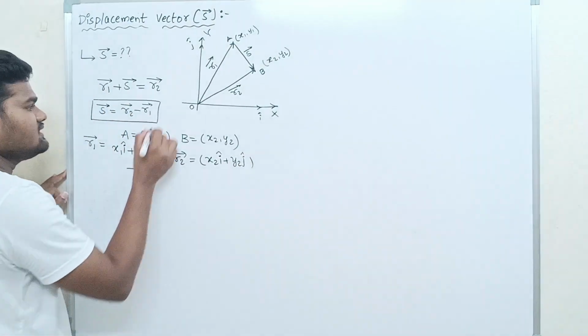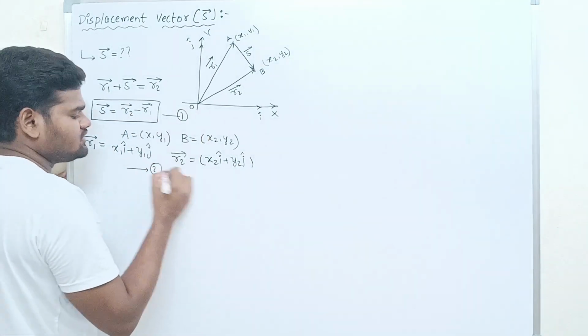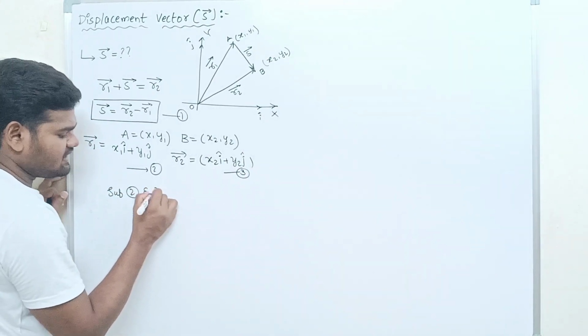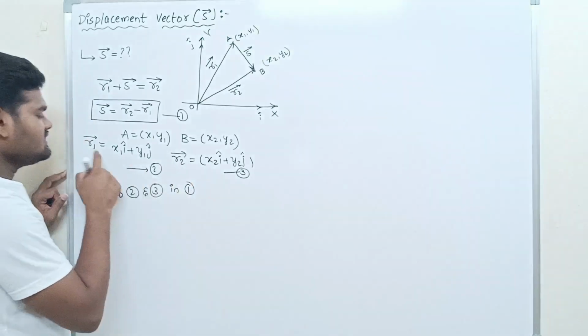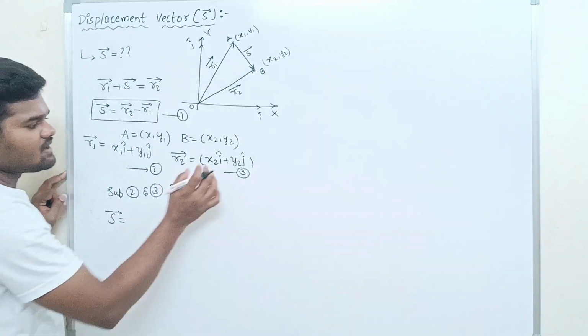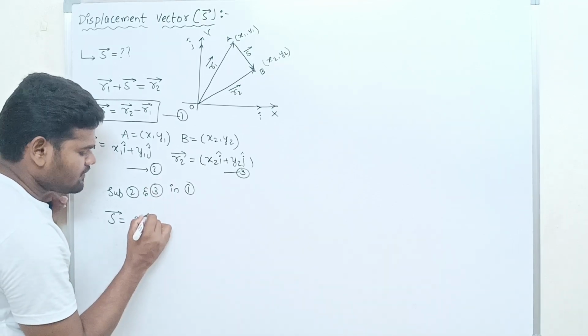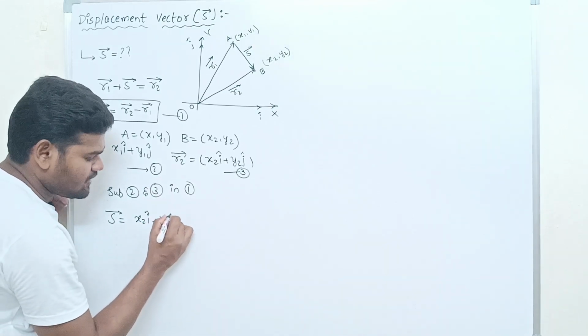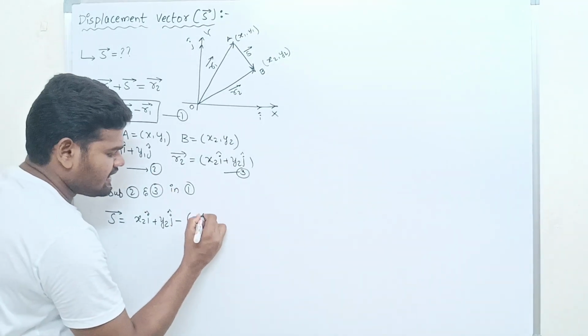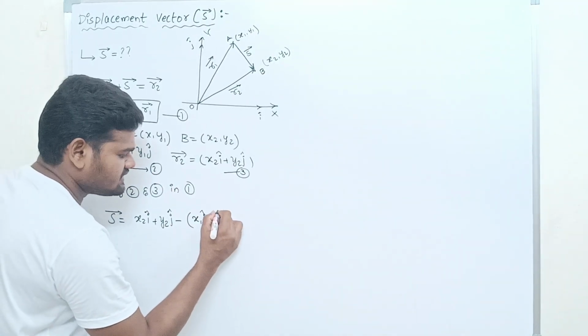Let us say these are equations number 1, 2, 3. Substitute 2 and 3 in 1. You will get S bar is equal to x2 I cap plus y2 j cap minus (x1 I cap plus y1 j cap).